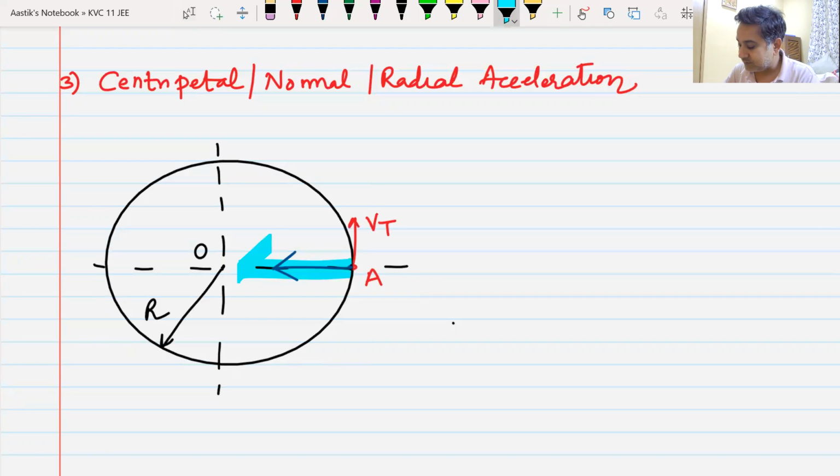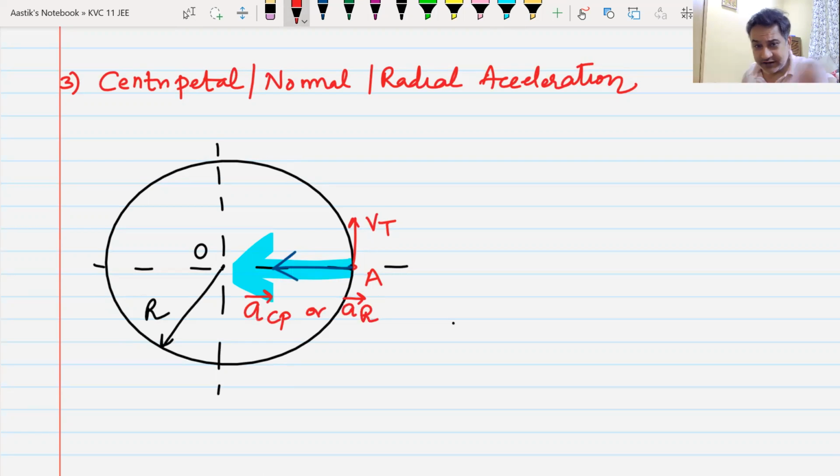Like this. And therefore this acceleration is known as ACP, centripetal, or AR, radial. It is along the direction of the radius. Or AN, normal, because it is normal to the velocity. Three names, I told you all these three names.